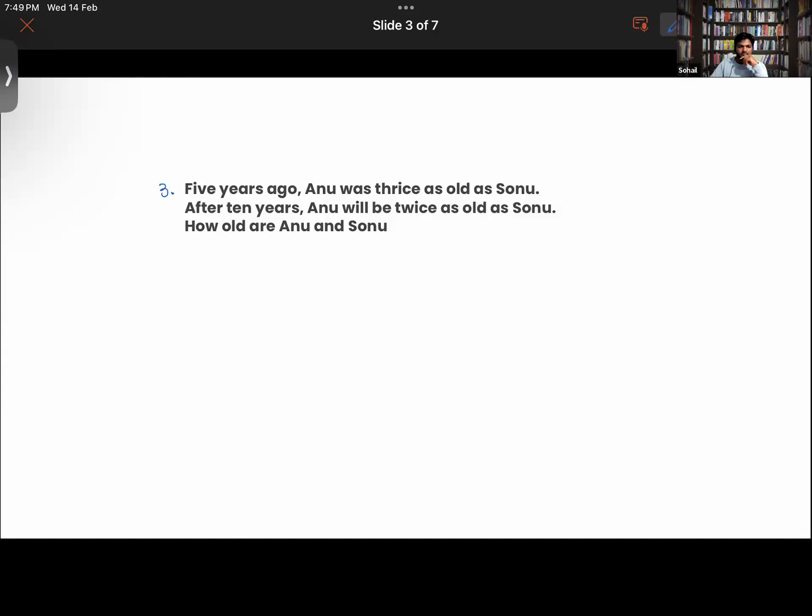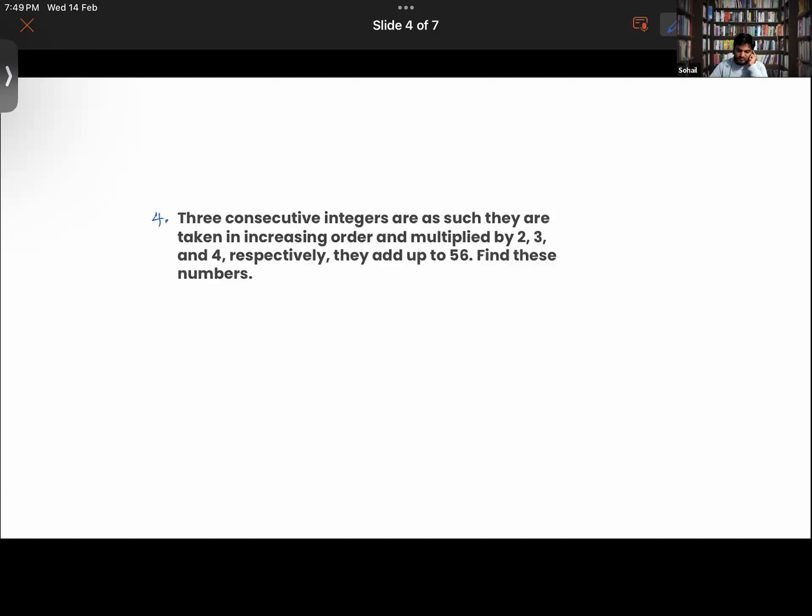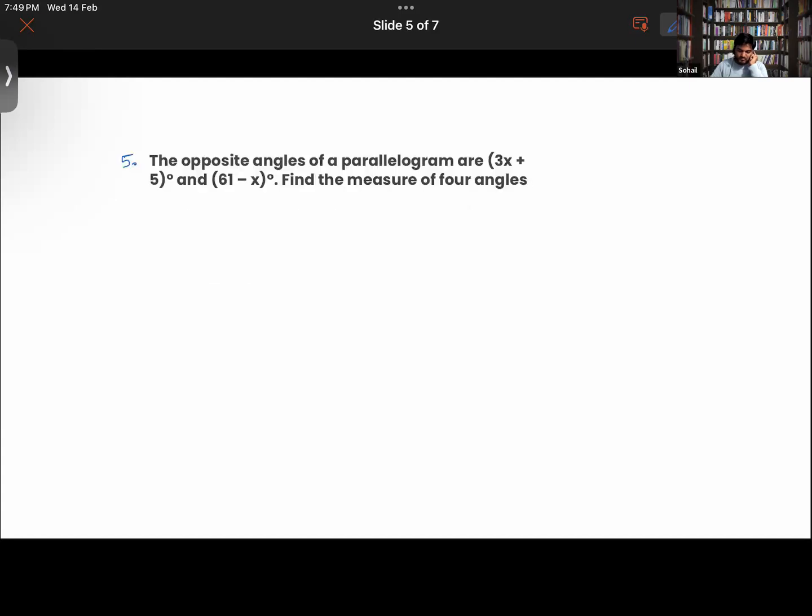So for the fifth question, we have to draw the diagram. With the help of the diagram, you will be able to solve it more conveniently. So you can draw the diagram.